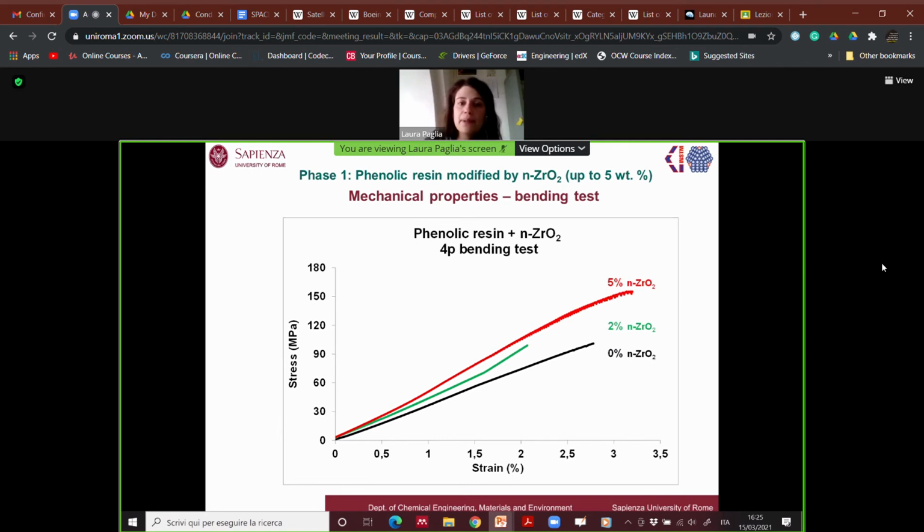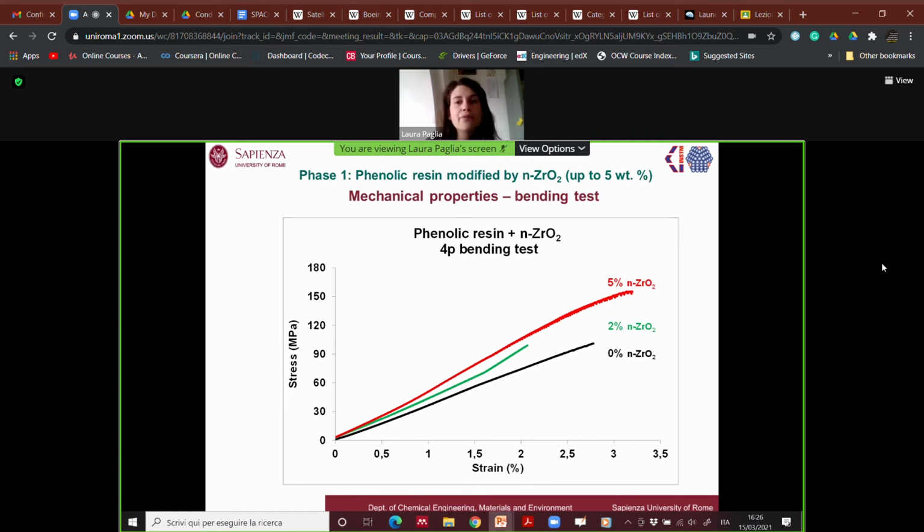But for example, in this case, we observed an increase of the mechanical performance of the material with the increasing content of nanoparticles inside. In this case, we do not go beyond 5% of nanoparticles inside our material. Obviously, then we will perform other tests at higher percentages of nanoparticles inside.